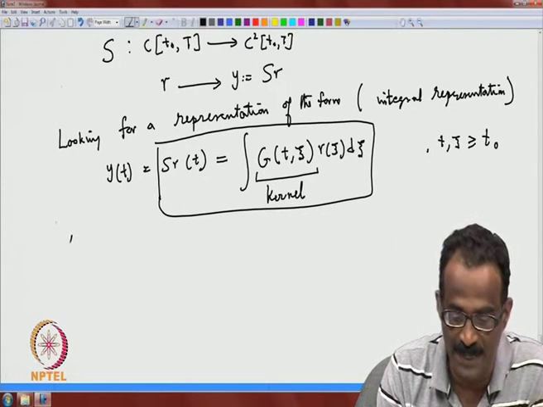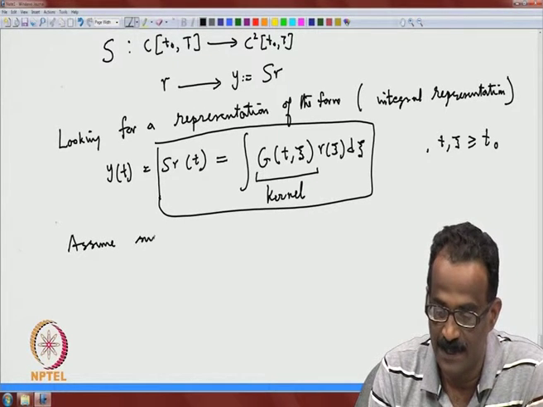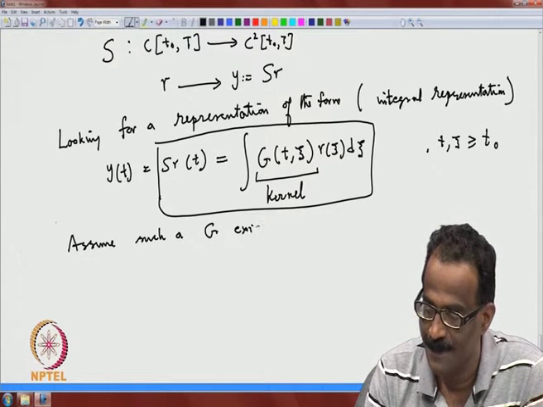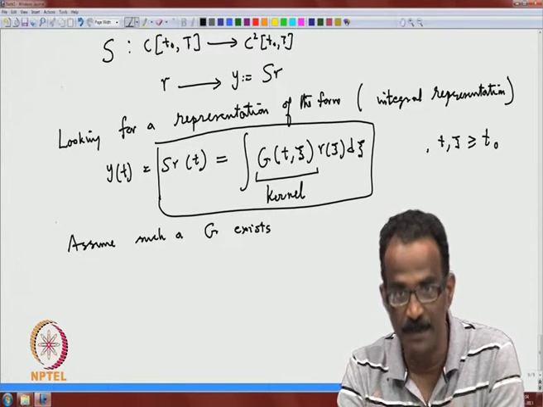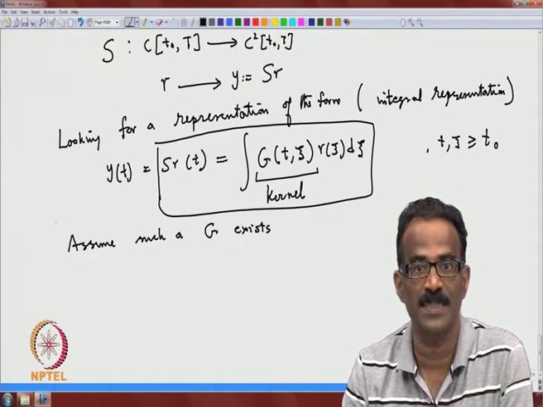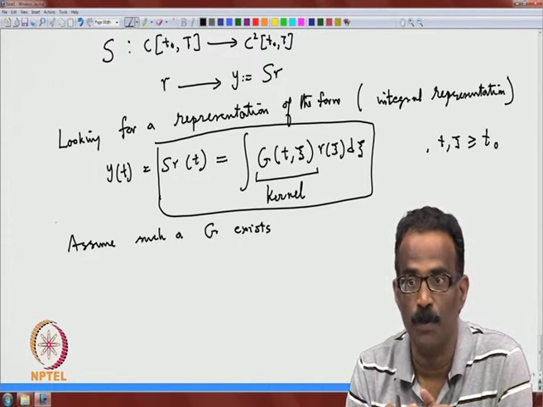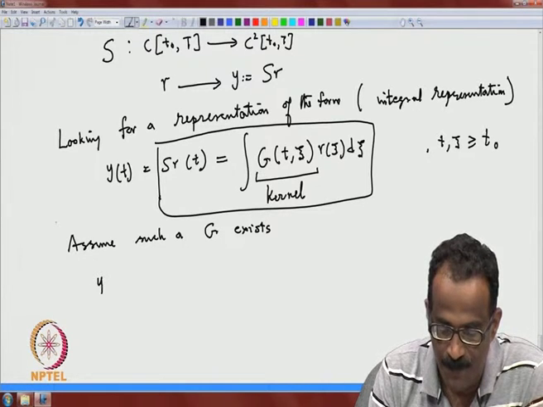Suppose we assume such a g exists. Do not worry about the computational aspects, which one can justify and prove as a precise result. As I said, the motivation of Green's function is more important, we are not going to spend time on that. So, you compute your y prime of t.